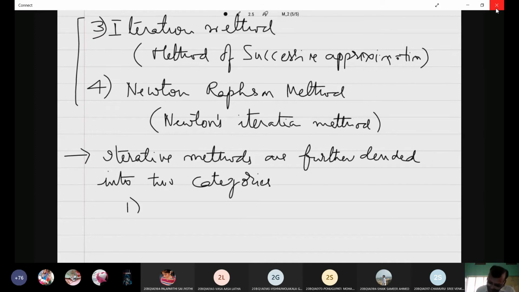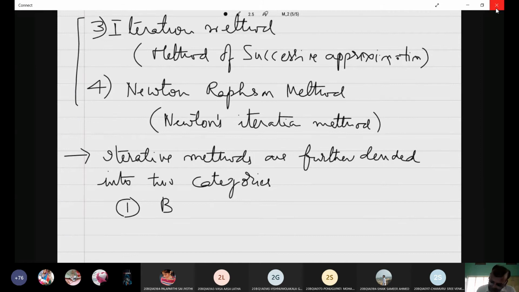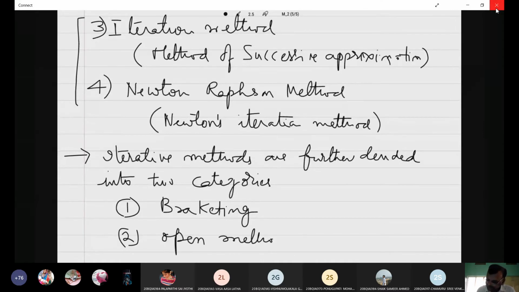One is bracketing and the second one is open method.